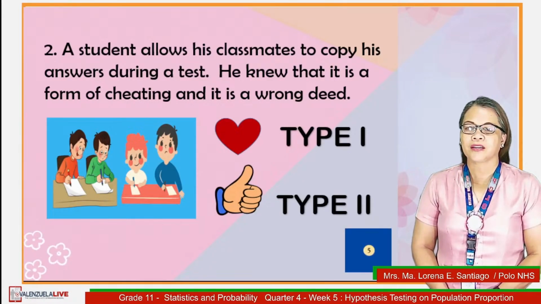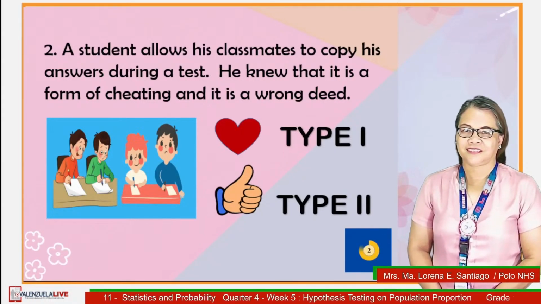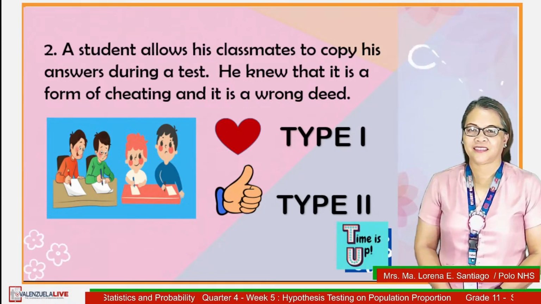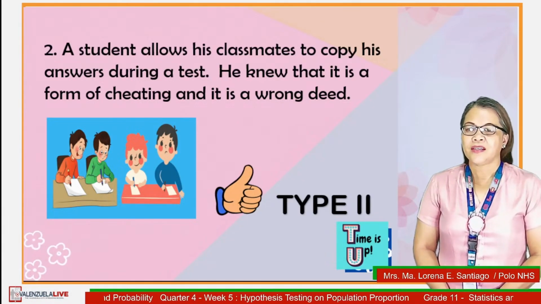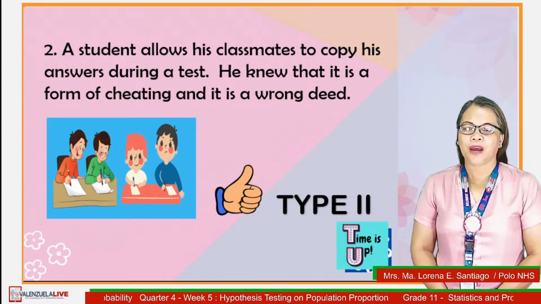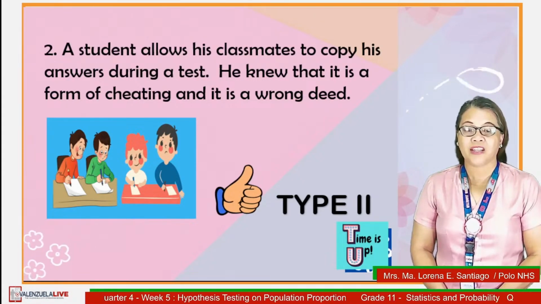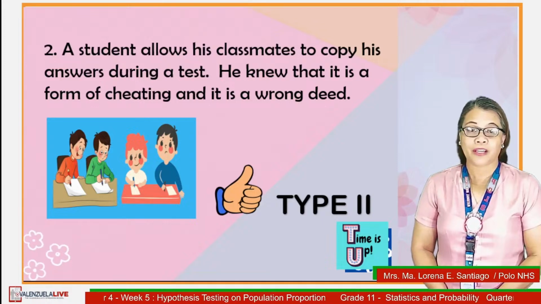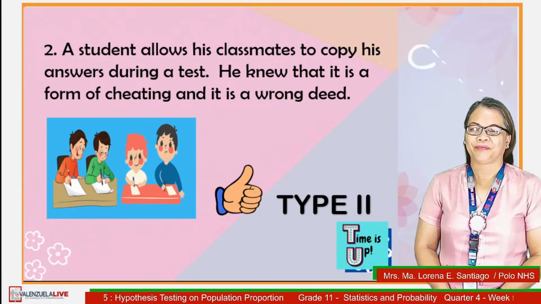Timer starts now. Time is up. The correct answer is, okay, it's a type 2 error. You know that cheating in any form is dishonesty and should not be tolerated. Do you agree?